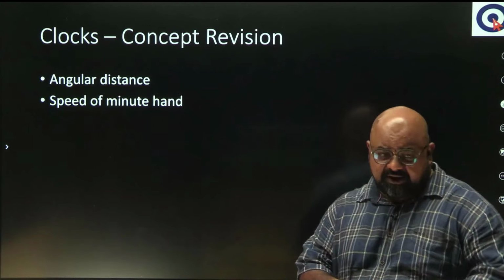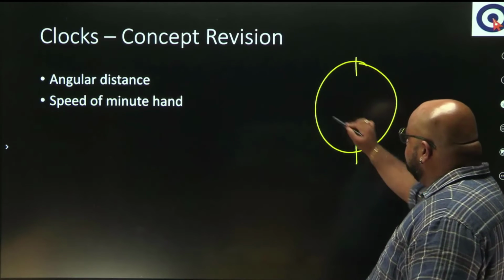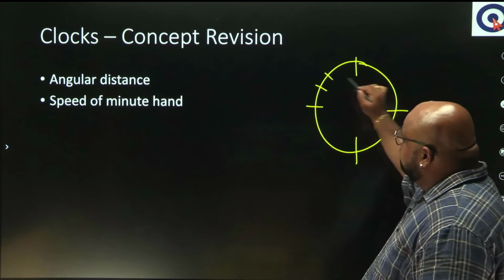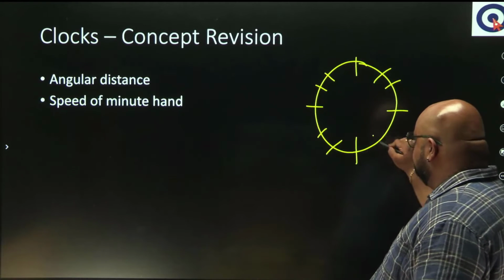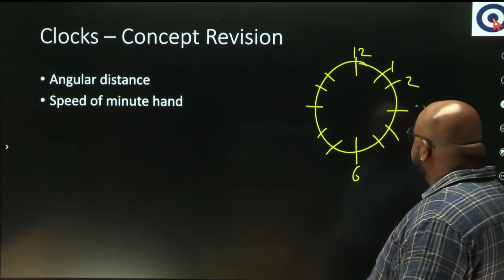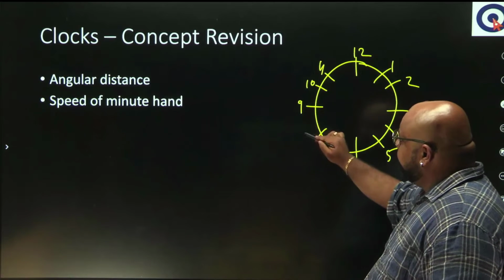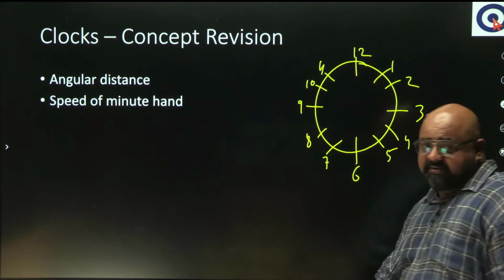So first of all, let us look at the face of the clock. Assume that this is actually a clock. It doesn't look like one, but yeah. Something like this.